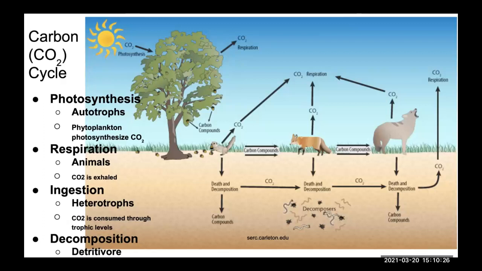They can also release carbon dioxide and make carbon compounds. So when we look at this cycle, we have the photosynthesis, we have respiration, we have the intake of carbon and the excretion of carbon as well. So we're making and using carbon compounds constantly in the natural world.